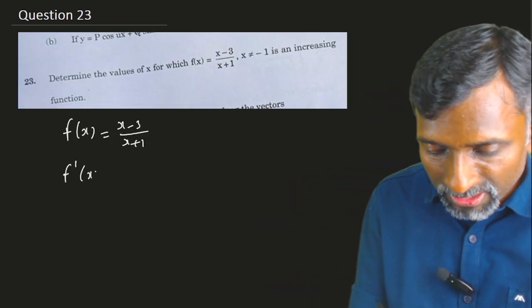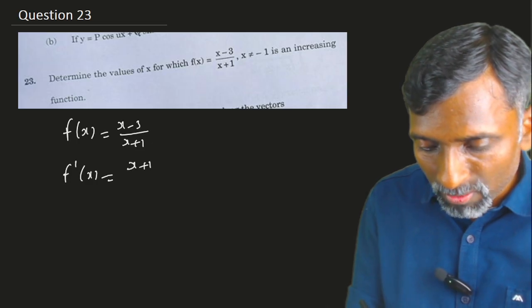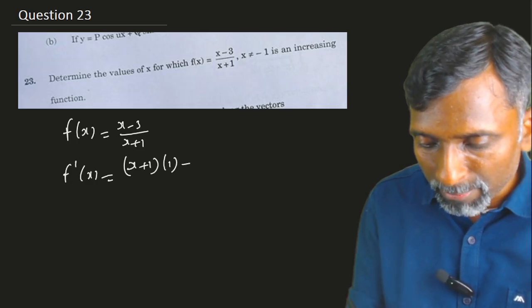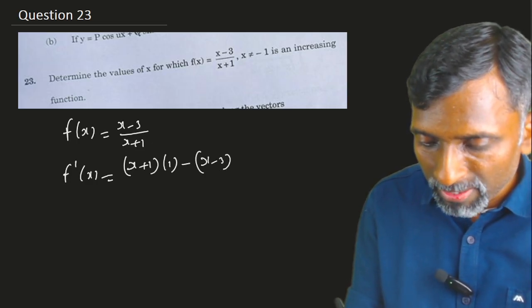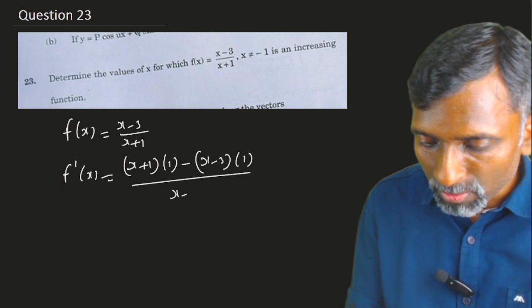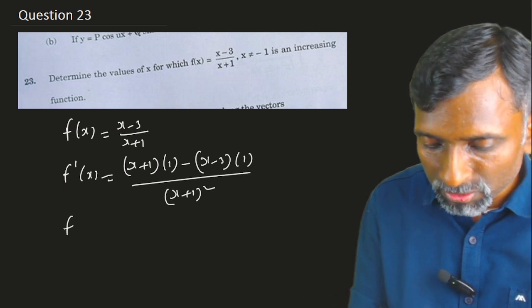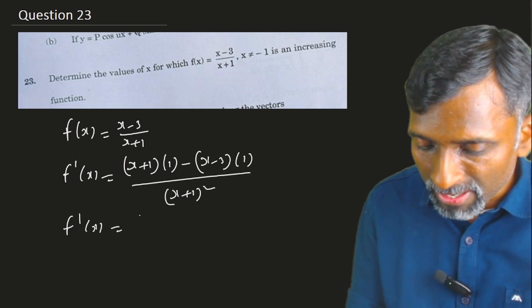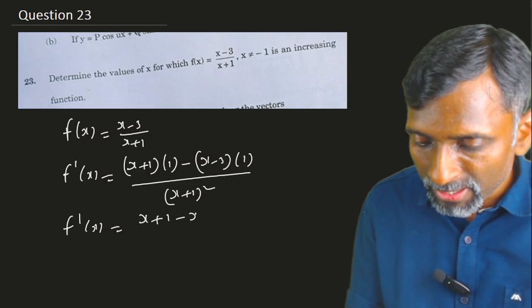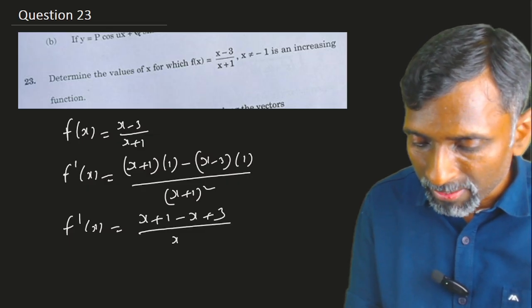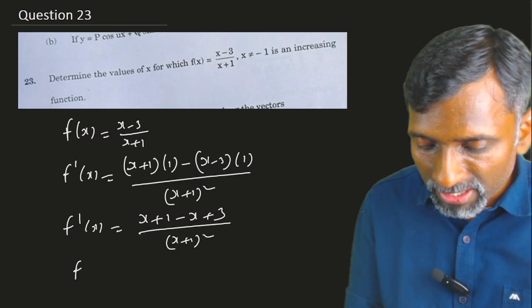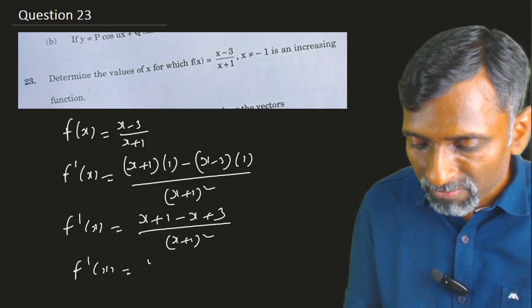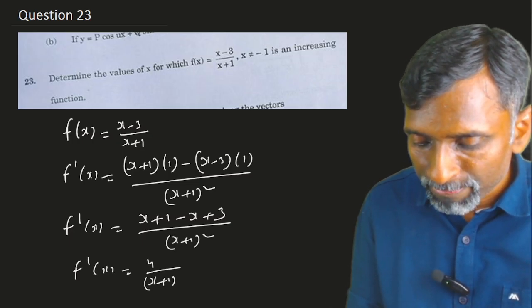Okay, so differentiate it by the quotient rule. It is denominator multiplied by derivative of numerator, minus numerator multiplied by derivative of denominator, divided by denominator square. So f dash x can be written as (x plus 1) minus (x minus 3) divided by (x plus 1) whole square. So we are getting f dash x is equal to 4 by (x plus 1) whole square.